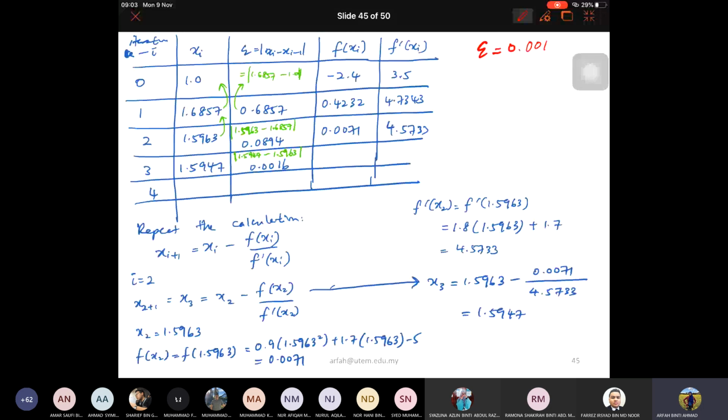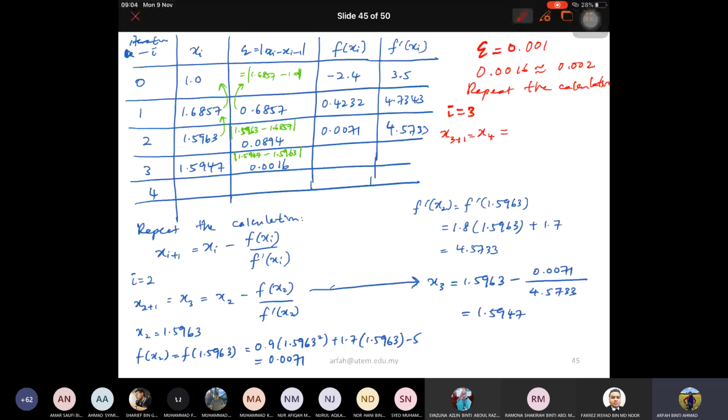Okay? So repeat the calculation until we get to the desired error. Okay? So awak kena kira from here untuk i sama dengan 3 pula. So X3 tambah 1 sama dengan X yang keempat sama dengan X3 tolak f X3 divided by f prime X3. Okay.